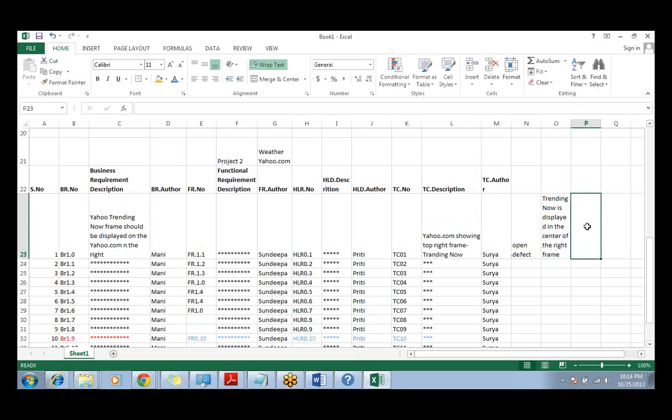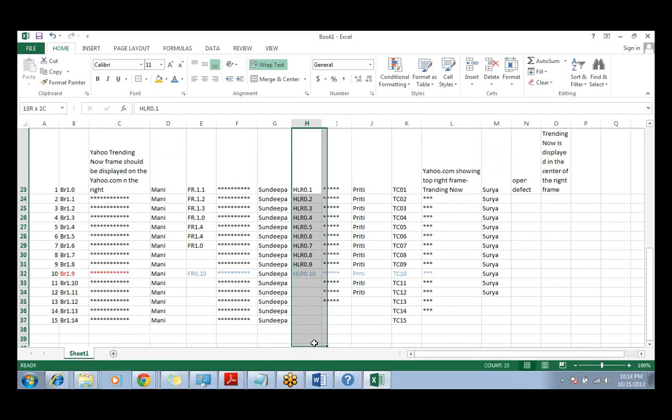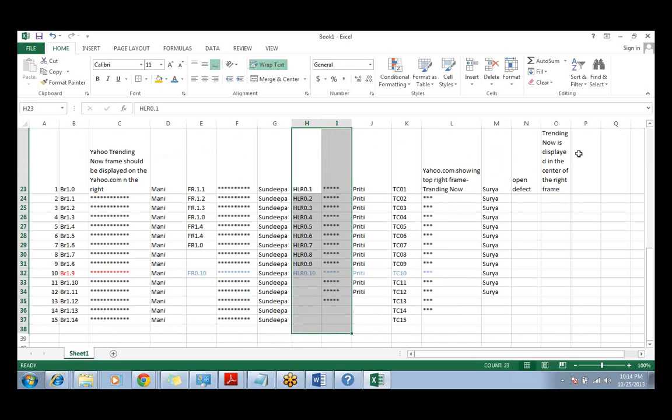That is the defect. When the defect gets reported, is Preeti going to look into HLR 0.1, or is she going to review everything to make sure that this code is working right according to the specs?